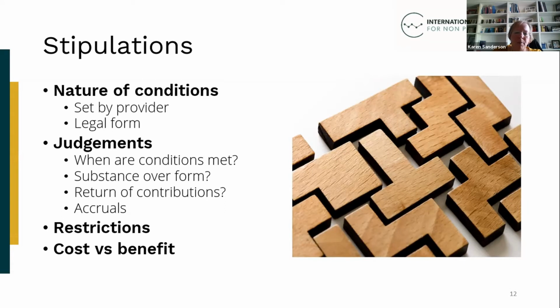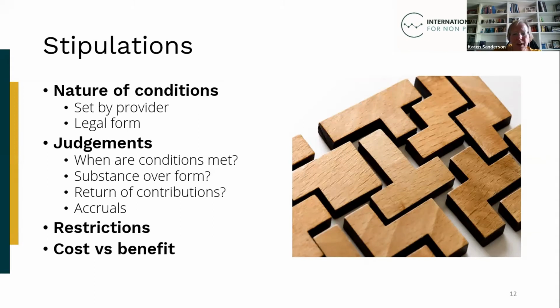And this purpose might be operational in nature. For example, the restriction may require that the contribution can only be applied to educational purposes, or it could be for a new asset. For example, the contribution can only be spent on building a new hospital ward.